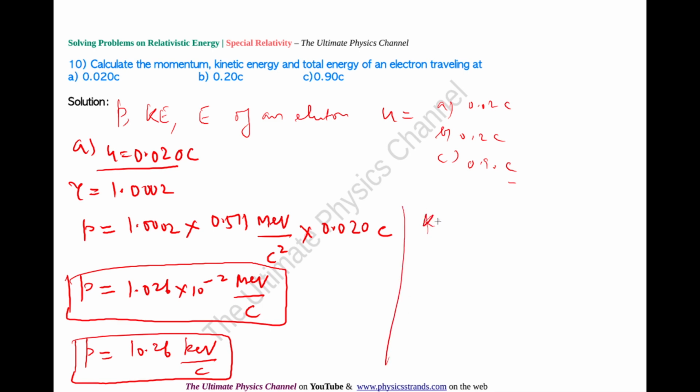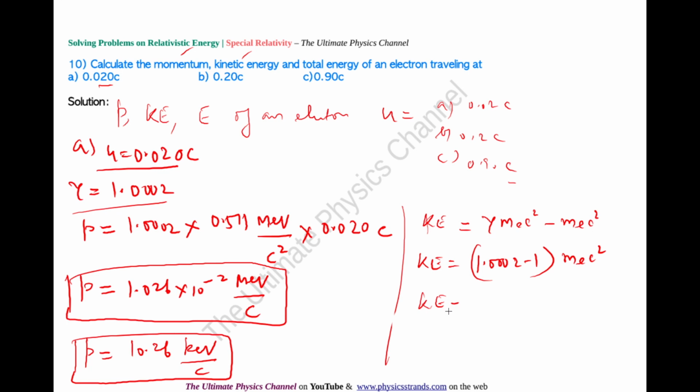kinetic energy. For this case, it is gamma m_e c squared minus m_e c squared. Gamma has already been calculated as 1.002. So that can be directly calculated as KE equal to gamma minus 1, which is 1.002 minus 1, times the rest mass energy, m_e c squared for the electron, 0.511 MeV.